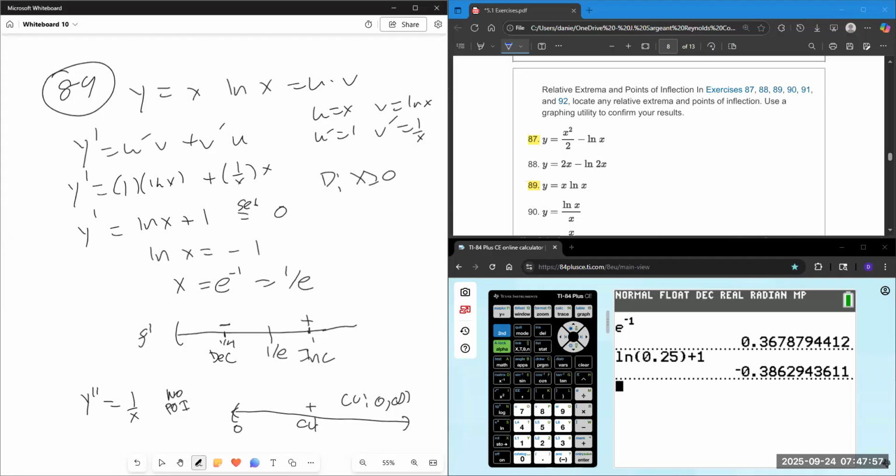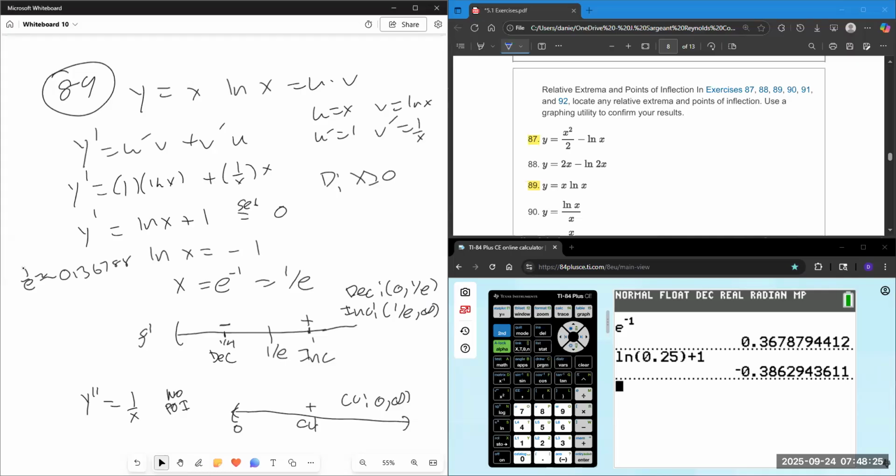This will be decreasing from 0 to 1 over e, and will be increasing from 1 over e to infinity. Let's check this with the calculator. And again, 1 over e is about 0.36788.